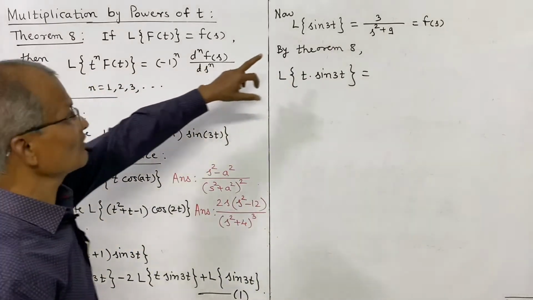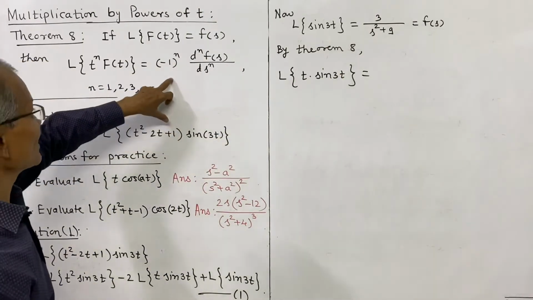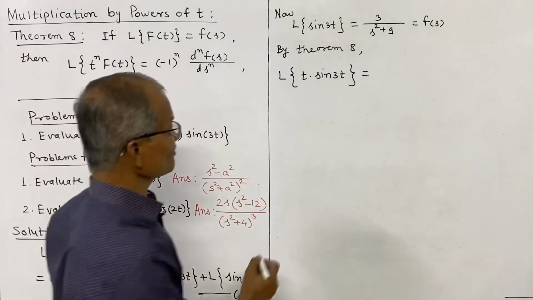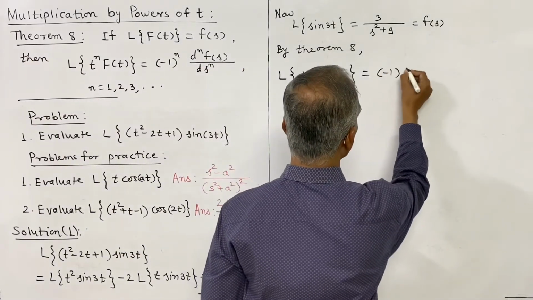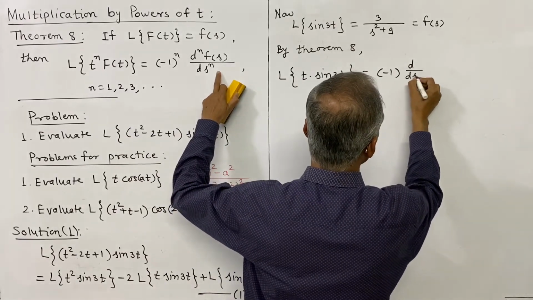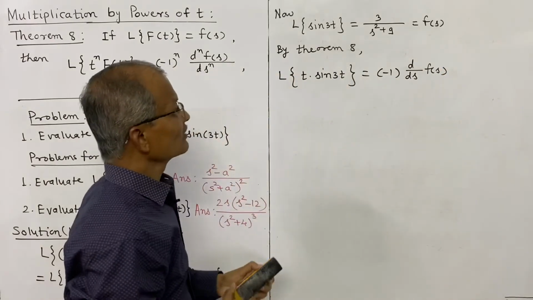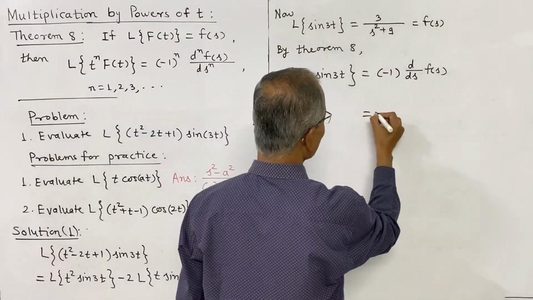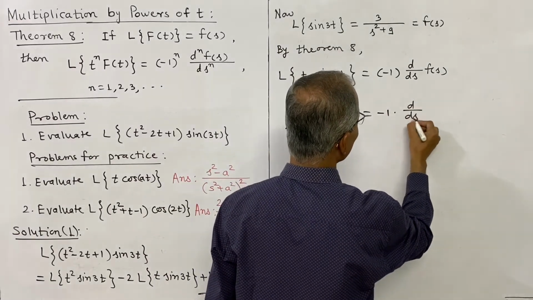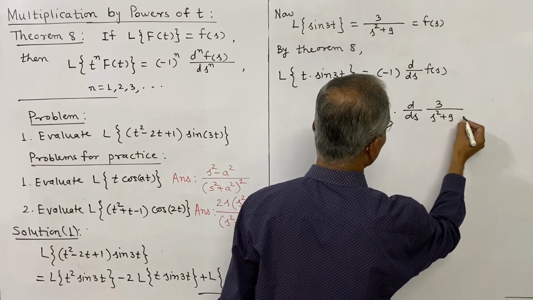F of t is now sine 3t, and that is minus 1 to the power n. n is here 1, see the power of t, and therefore it is minus 1 into the first derivative of F of s, d by ds of F of s. F of s is here this function. So this is equal to minus 1 into, now the derivative d by ds of F of s, 3 divided by s square plus 9.